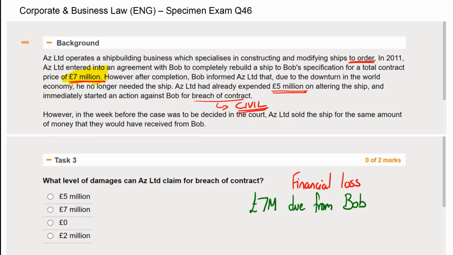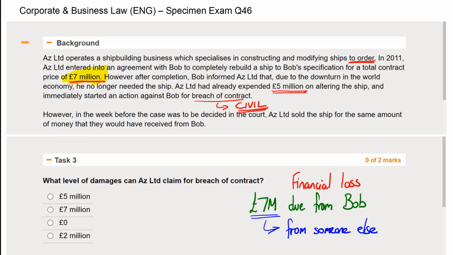Now, Bob didn't pay them £7 million. They took legal action. However, what's now happened just before the case is due to be decided, then they've sold the ship for the same amount of money that they would have received from Bob. In other words, they've received £7 million, but from someone else.